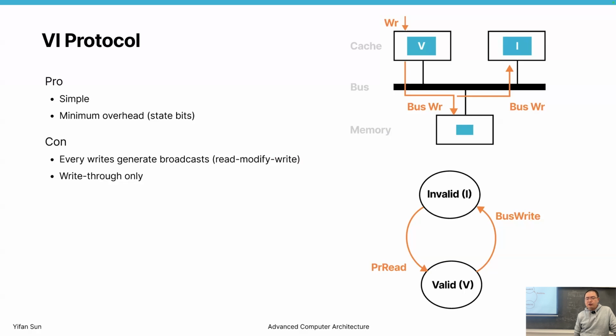Still, I don't think it's an accurate description to say GPU uses a VI protocol, because for a GPU, there's really no need to broadcast this bus write to other L1 caches. If another L1 cache is in V state, it's okay, we just ignore it. If there might be something wrong, it's a data race, right?